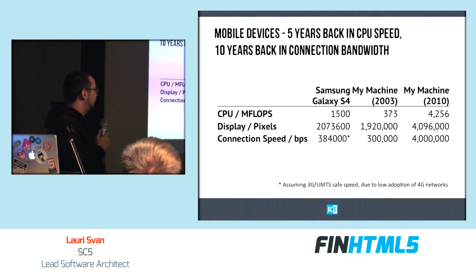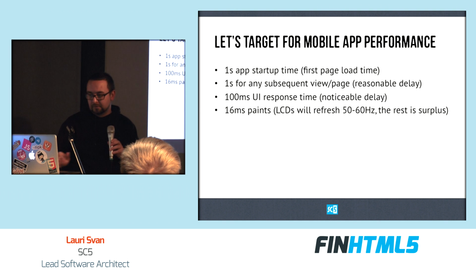It might be comparable to the computer that I used in 2006 or 2007. But by some measures, for instance display, the total pixels in the display, or what kind of connection I'm using, it might be back to 2003. So that means a pretty slow computer, or at least a slow connection.